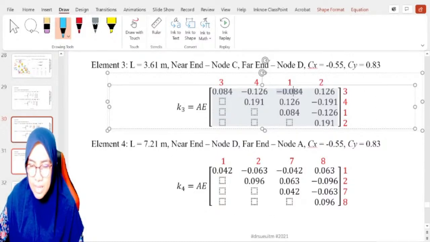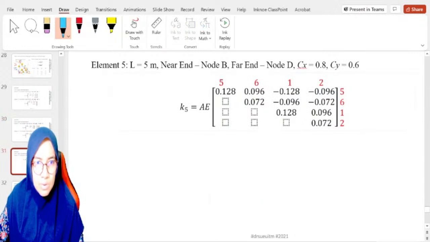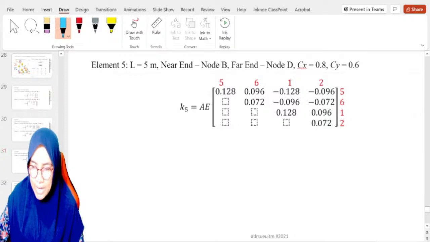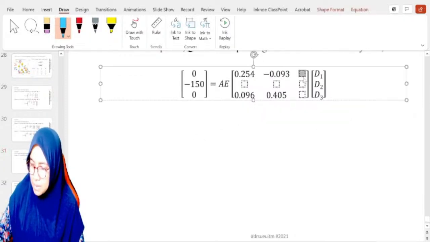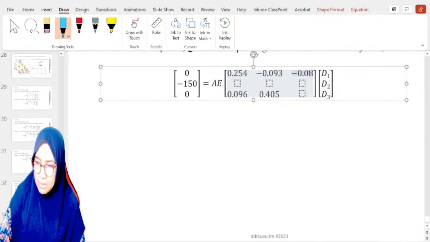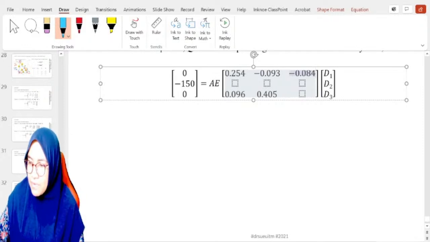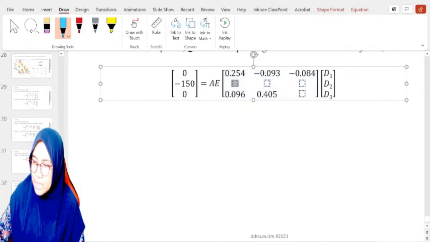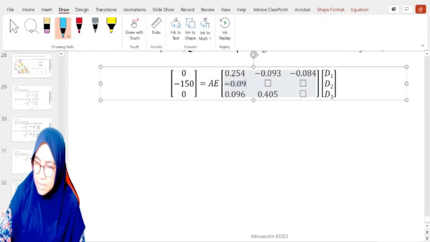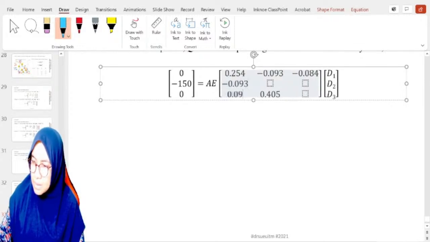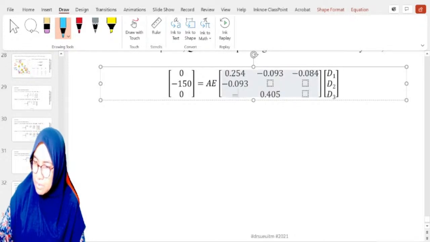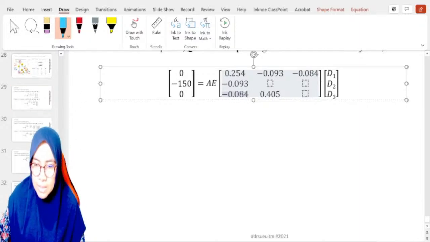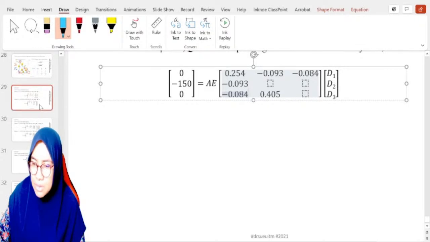And there's no 13 in K4, and there's no 13 in K5. It is negative 0.084. Okay, the next value, we complete all this. Negative 0.093. Negative 0.084.